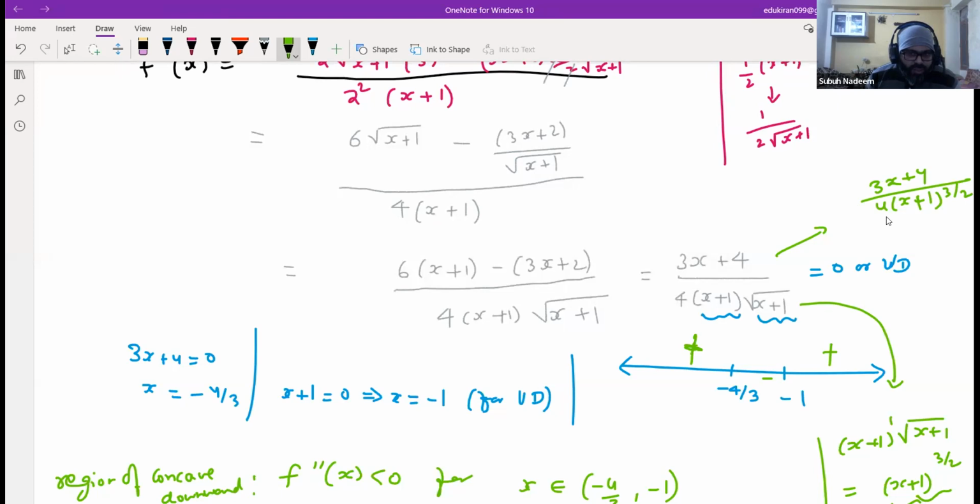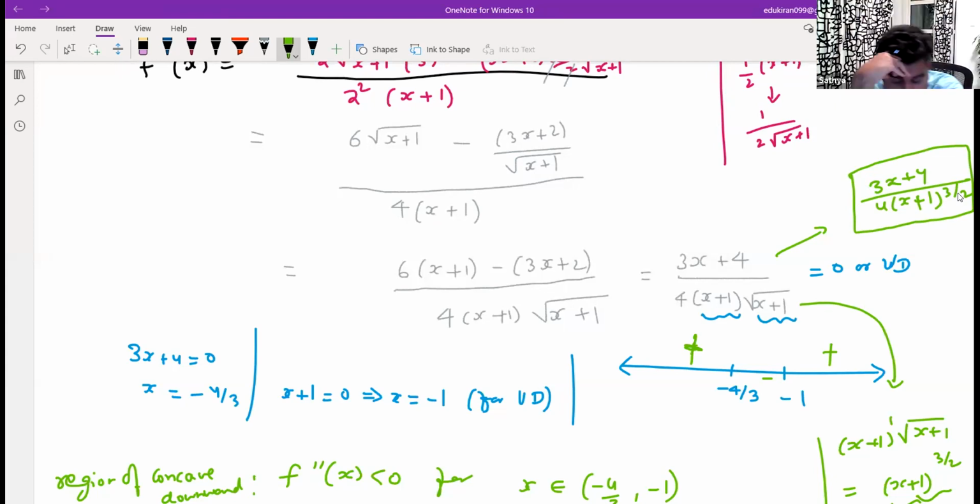We used to do this, no? When we get a function in x and want to do the sine scheme, we see where it is 0, so where 3x plus 4 is 0, and where it is undefined, where x plus 1 is equal to 0. That's it. 4 cannot be 0. 4 is a constant.